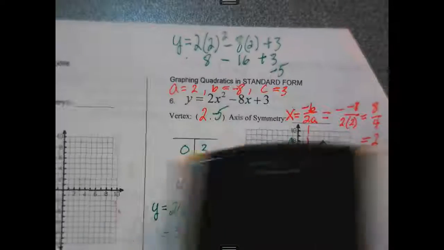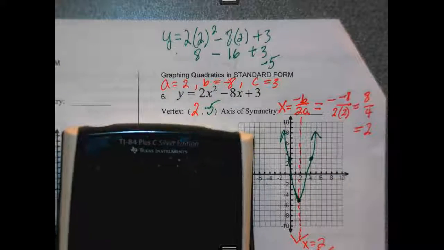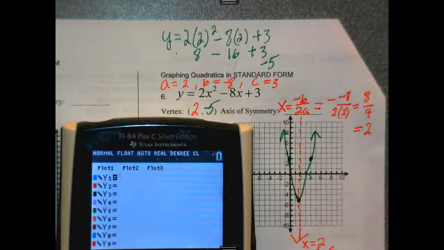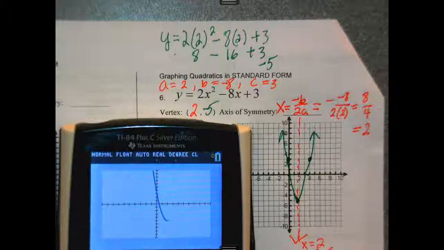Of course, it's going to be easier if you just put this in a calculator, right? The 2x squared minus 8x plus 3. And I can just go to my chart.